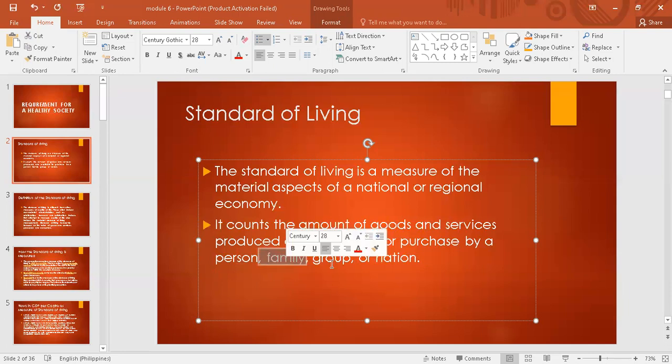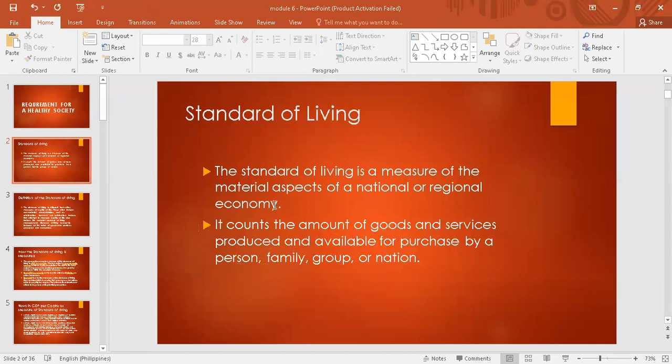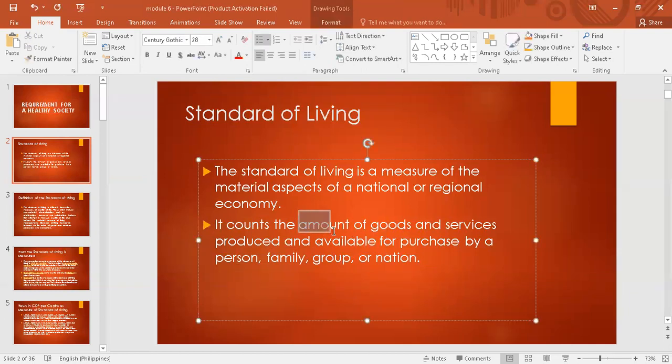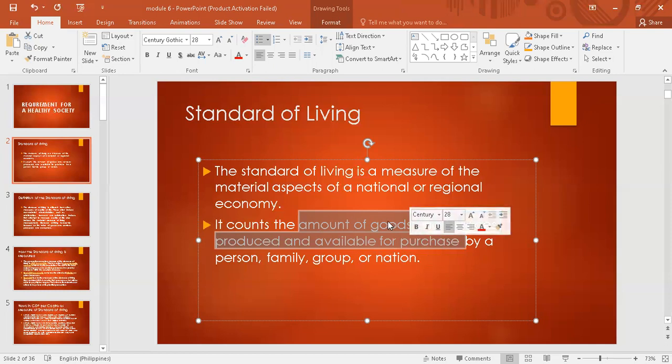Family, group, or nation. So, pag sinabi nating standard of living, meron tayong aspeto kung paano malalaman, paano yung counting ng standard of living ng isang nation. Dito, by just taking account of the amount of goods and services produced and available for purchase, parang maisip mo na, papasok agad dyan ang gross domestic product.